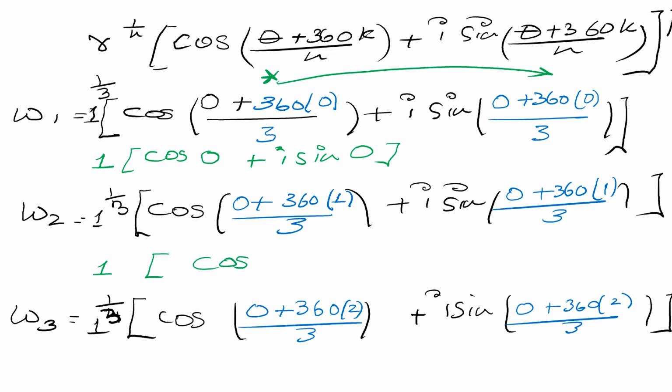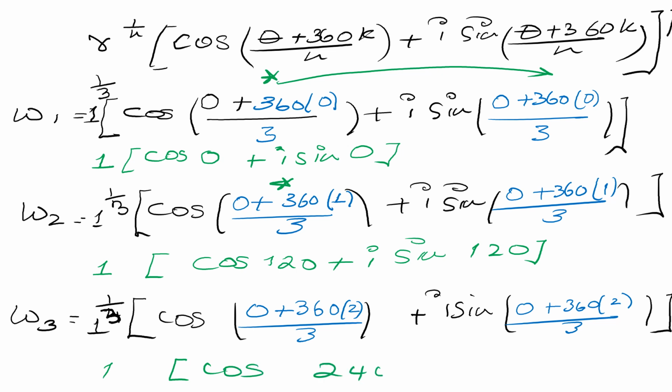Now make it 0 plus 360 divided by 3. Only write this part in the calculator, it will give us 120. So plus I sine and then write 120. Here 0 plus 360 times 2 divided by 3, it will give you 240. So write here 1 cosine 240 plus I sine 240.